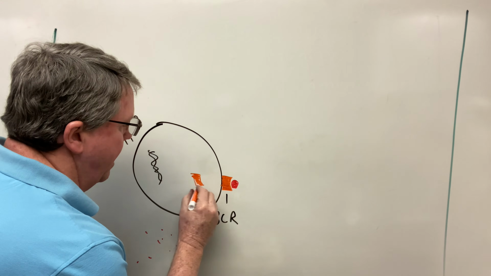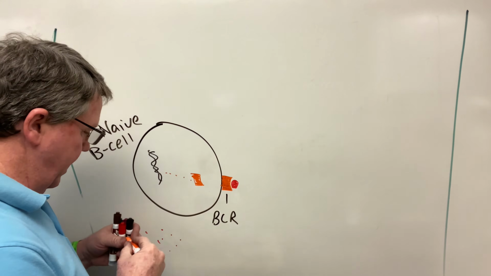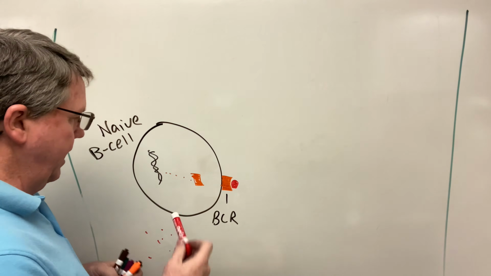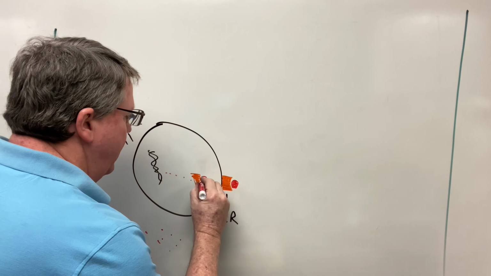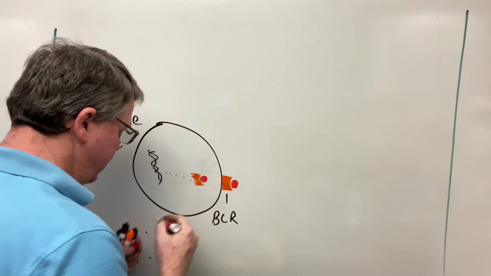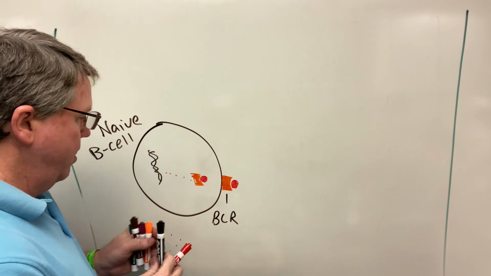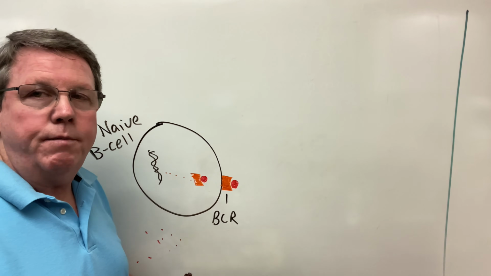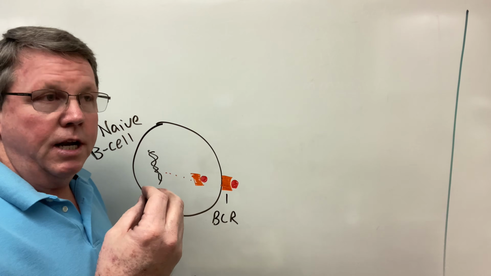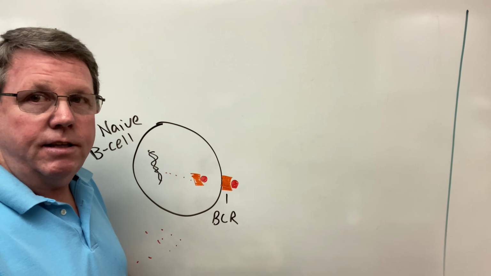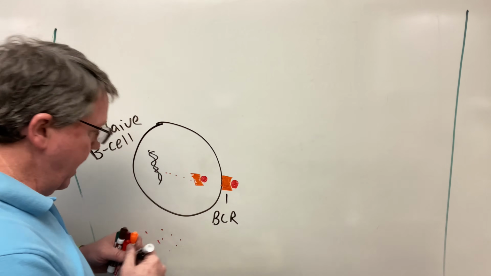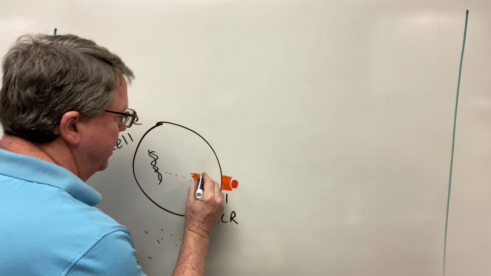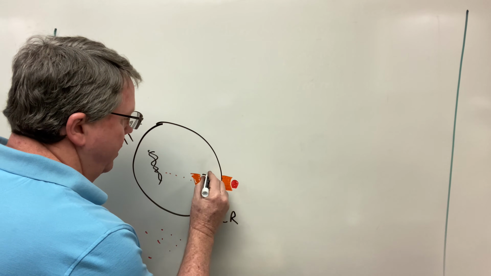Then signals are going to be sent to the DNA, and the DNA is going to make something called MHC2, which if you recall from the last video, we talked about being on the macrophage, where it helped present the antigen. So here comes my MHC2 that's been made, and it's going to get around this.